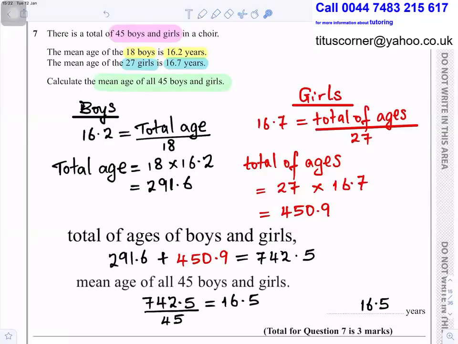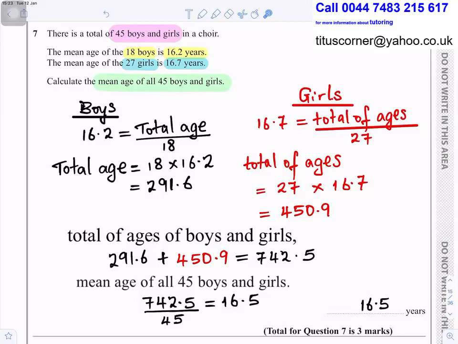Question number 7. There is a total of 45 boys and girls in a choir. The mean age of the 18 boys is 16.2 years. The mean age of the 27 girls is 16.7 years. Calculate the mean age of all 45 boys and girls.